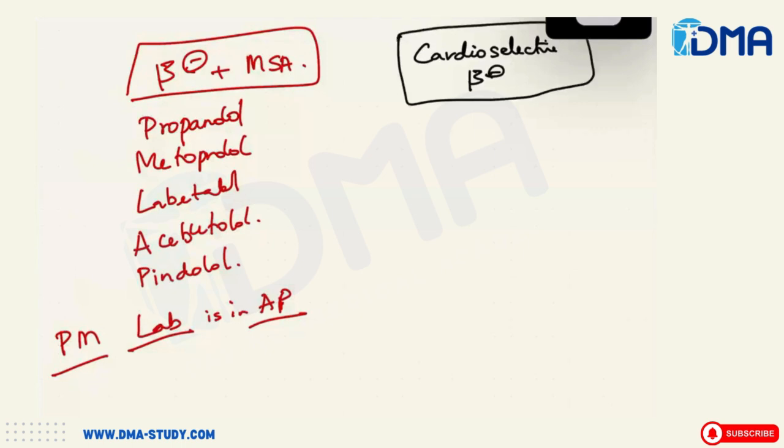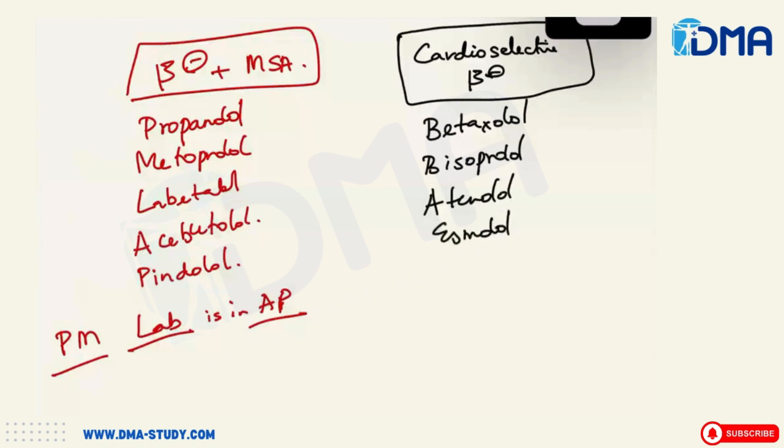The main drugs are betaxolol, bisoprolol, atenolol, esmolol, acebutolol, metoprolol, celiprolol. These are the cardioselective beta blockers. So this is what is regarding the sympathetic system.